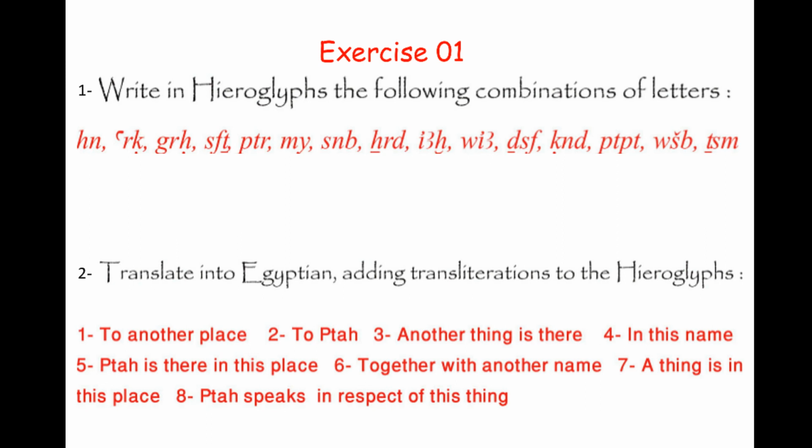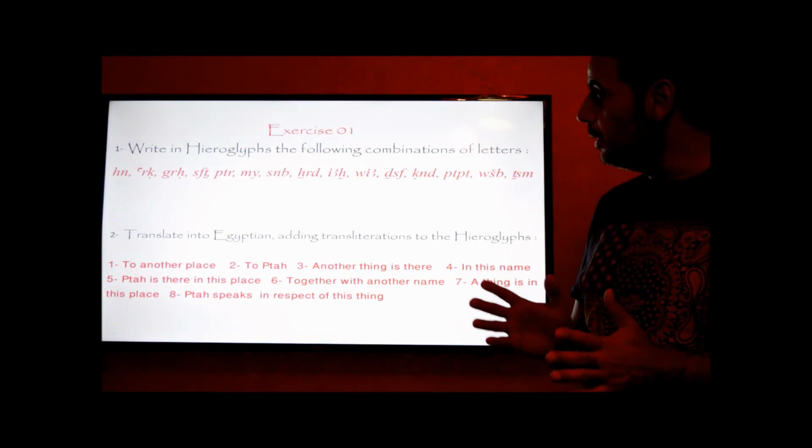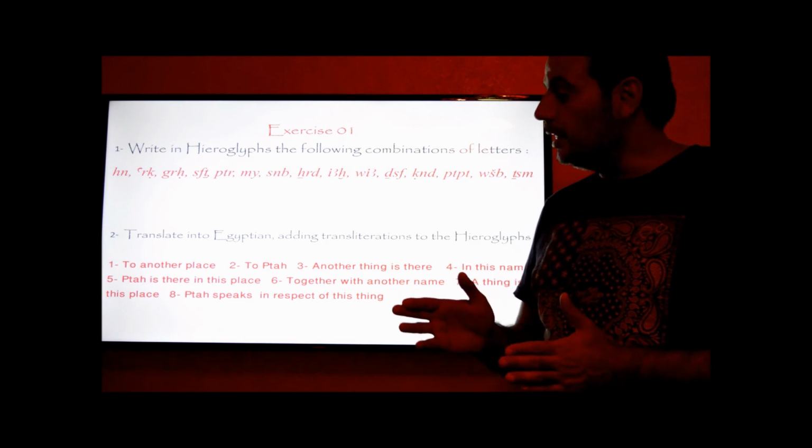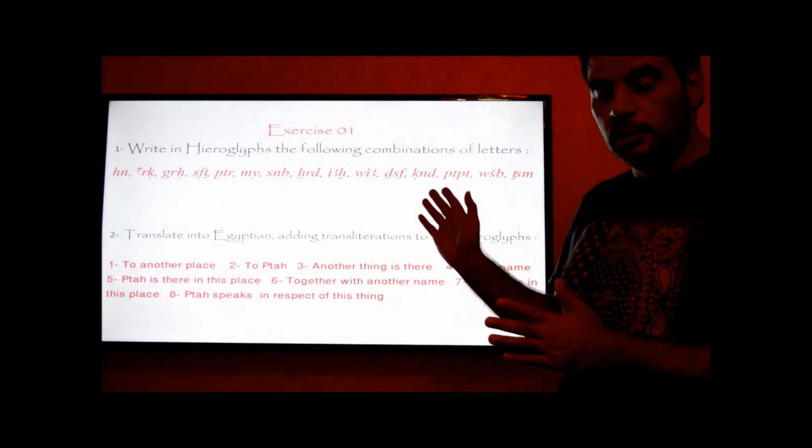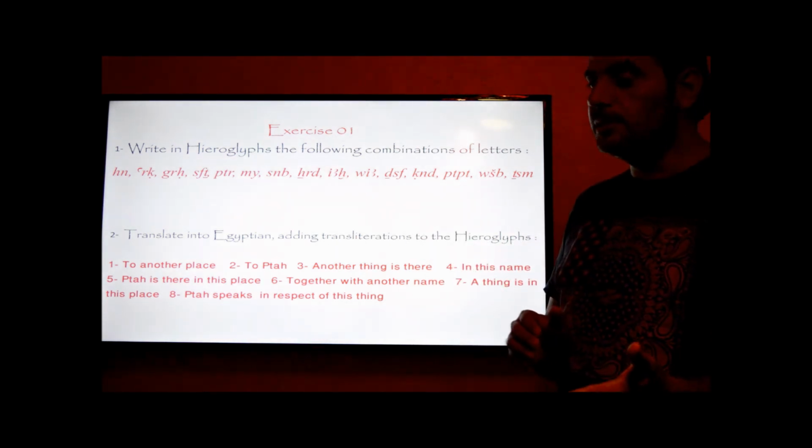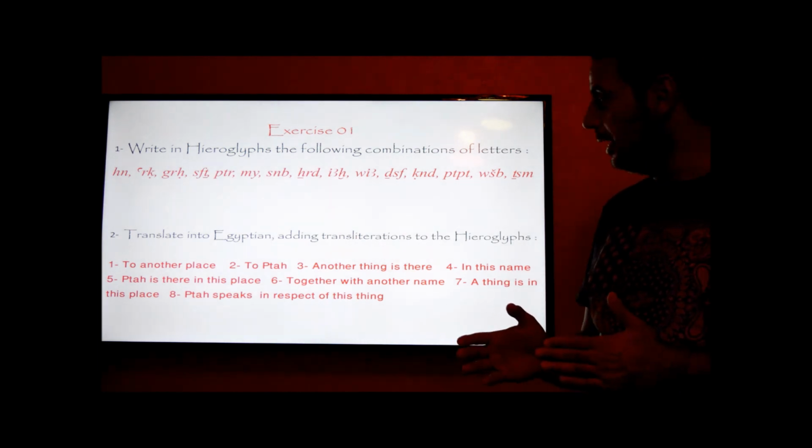So I want you to translate this to hieroglyphs plus the pronunciation, that is, the transliteration. And I want you to keep the system and the word order. So when we come to the words this and that, I want you to remember what we said, and whether it comes before the noun or after the noun.